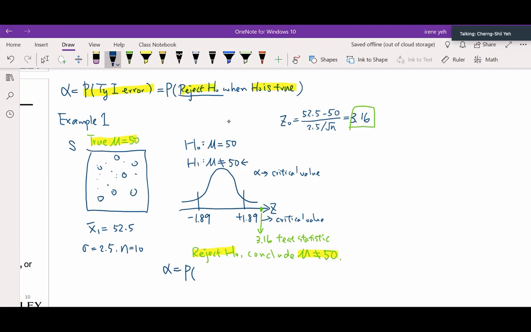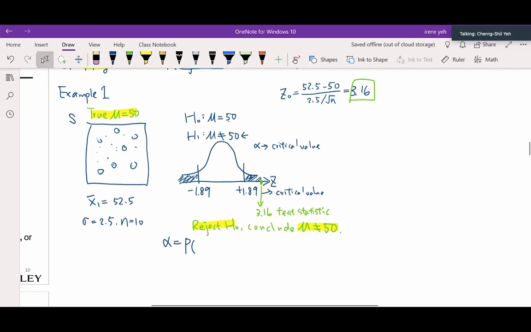Where are those areas? It's here and here. These include all of the possibilities to reject it. If we can derive this area, that tells us the probability of rejecting a null hypothesis.